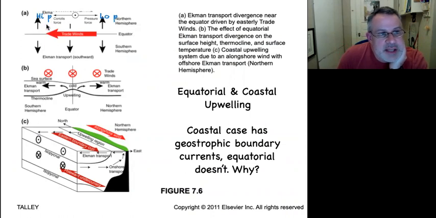And so that means that there's a pressure field that goes together with this, with low pressure on this side and high pressure on this side. These trade winds basically are piling the water up downwind and sucking it out upwind. So we get a high pressure, low pressure gradient that goes like that. And so there's both a geostrophic component as well as an Ekman component.